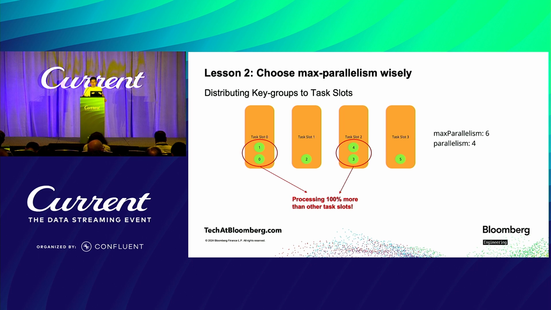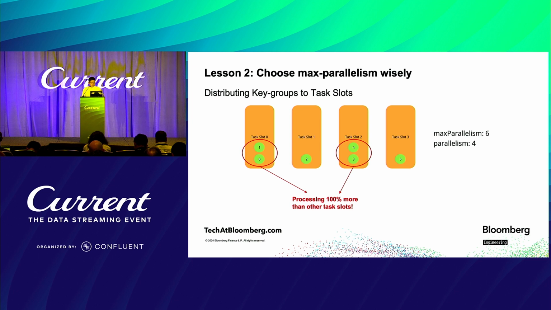Assuming our keys are evenly distributed to the key groups, this basically means our task slots 0 and 2 are processing 100% more workload than our task slots 1 and 3. And this could potentially slow down the execution of our application and also potentially cause some resource waste on task slots 1 and 3.